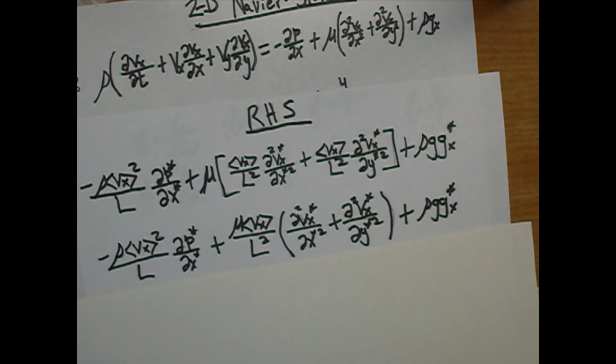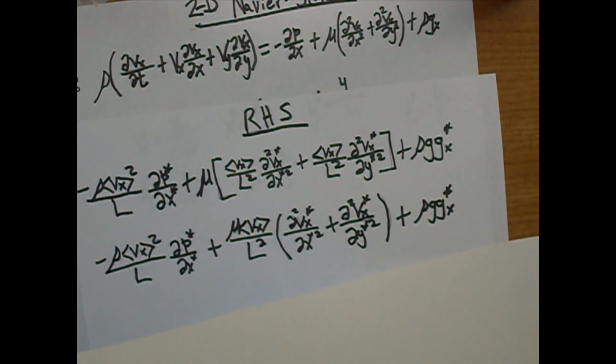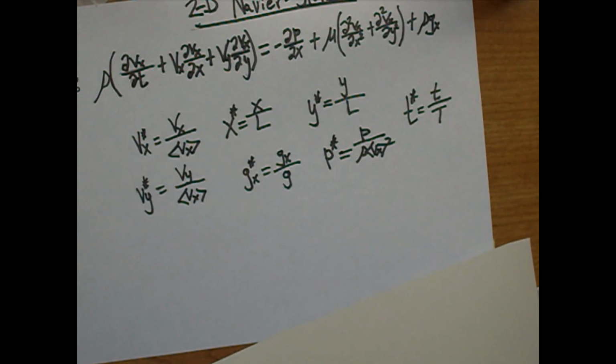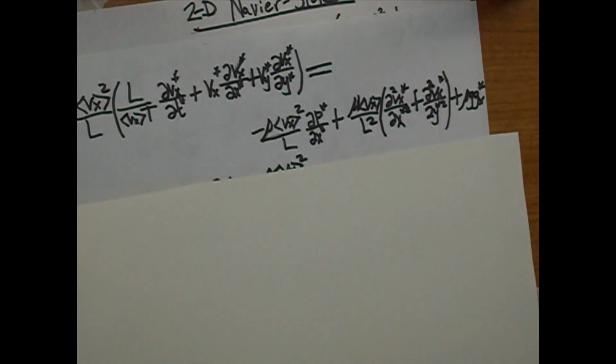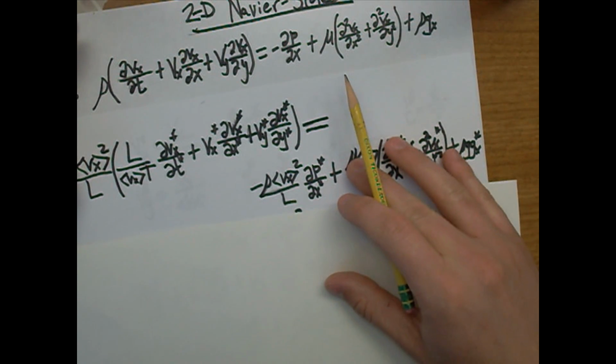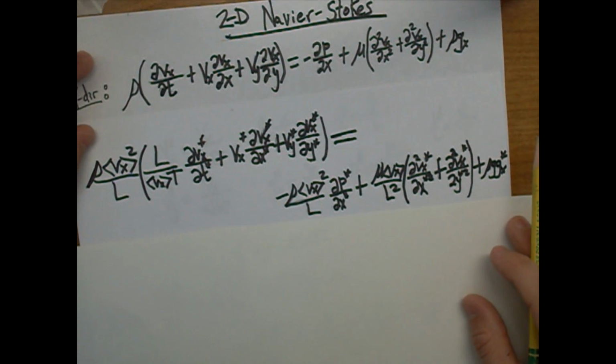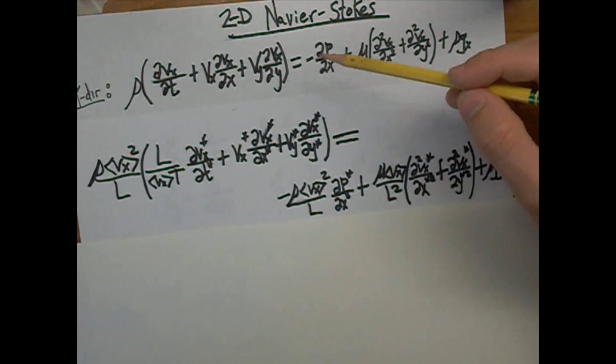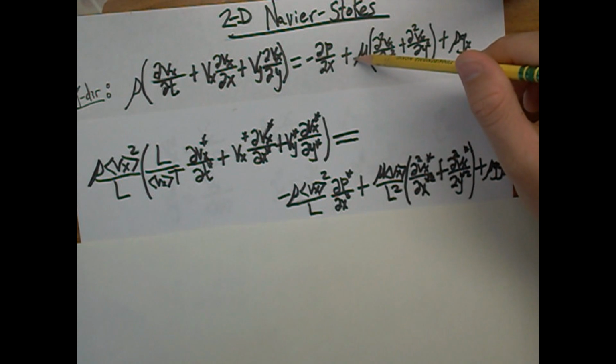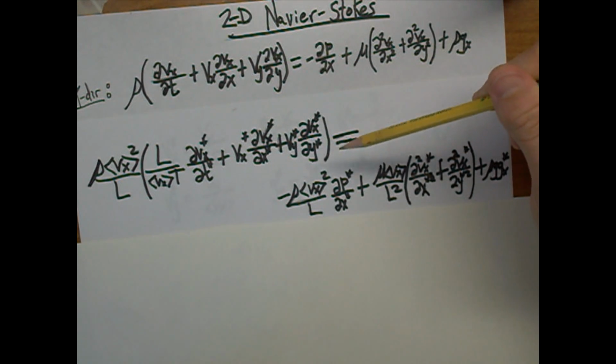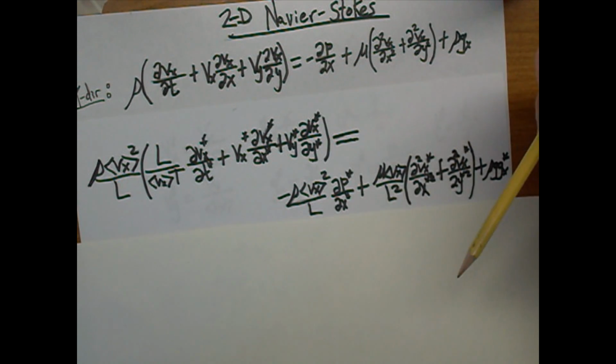Let's go ahead and put it together and see what we got. So this is our original 2D Navier-Stokes equation, and this is after it's been non-dimensionalized.